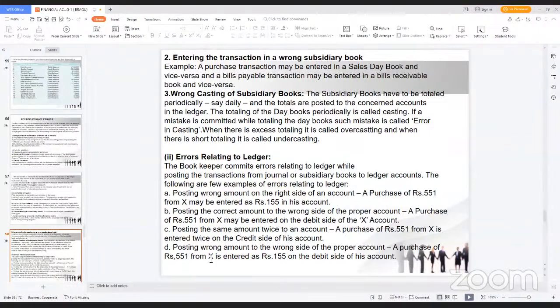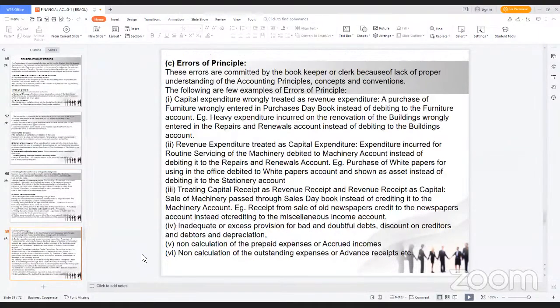Posting the same amount twice to the account: A purchase of ₹551 from X entered twice on the credit side. Posting wrong amount to the wrong side of the proper account: the purchase of 551 from X is entered as 151 on the debit side.